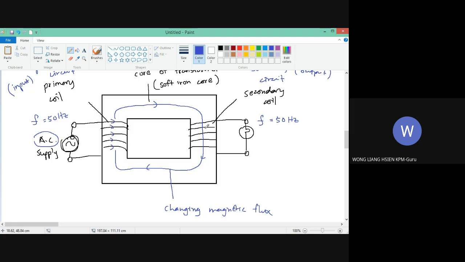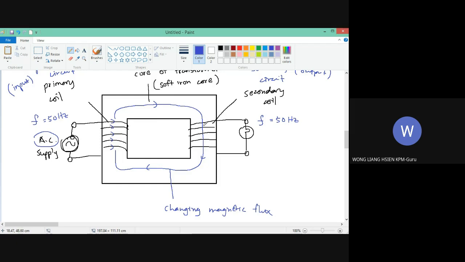Previously, in topic 4.2, we also learned that for a solenoid, we can increase the induced EMF by increasing the number of coils, right? So this is the concept that we use here. If we want to increase the EMF, or increase the voltage in the secondary coil, we increase the number of coils in the secondary coil.